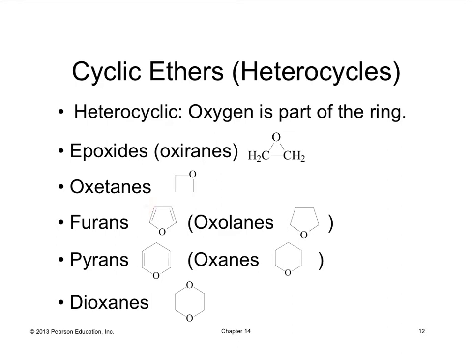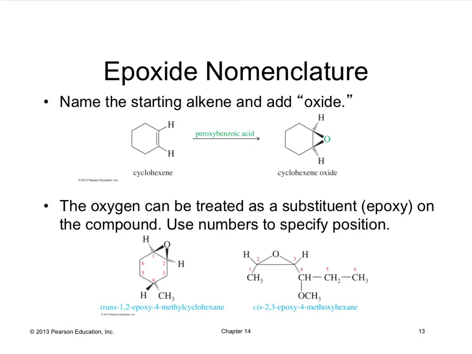And if the hydrogens are removed, then it's unsaturated. It's furan. If it's 6-membered, it's oxane. Again, if you have 2 levels of unsaturation, it's pyran. And these are dioxanes. In terms of epoxide nomenclature, you name starting with the alkene and add oxide.